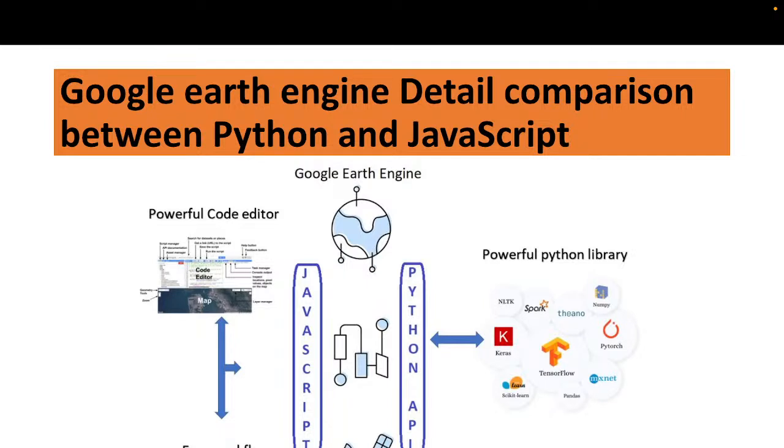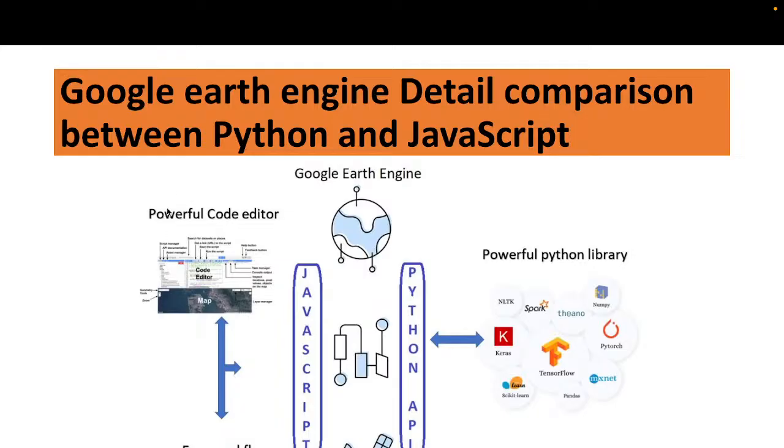Suppose TensorFlow, Keras, Scikit-learn, then Matplotlib, NumPy, Pandas, or any others. So different types of Python libraries we can easily integrate with Google Earth Engine when using the Python API. This is another benefit of Python, because Python has more powerful libraries.